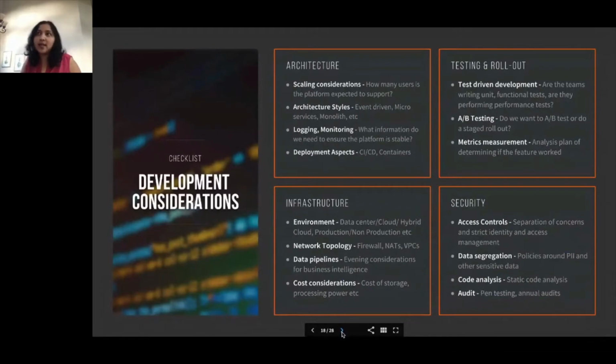Code analysis, continuing to make sure that we don't introduce vulnerability in the software, as well as continued monitoring, pen testing, and annual audits. So this checklist is definitely handy if you want to think about building a full, well-rounded solution.